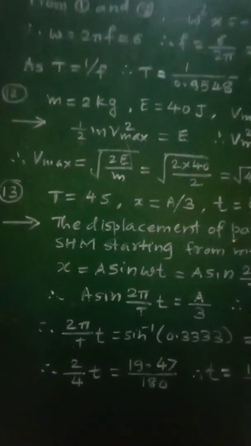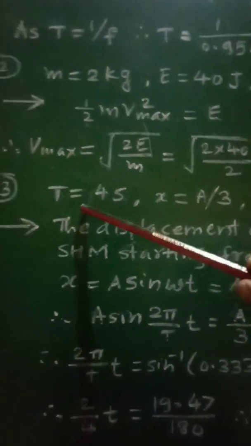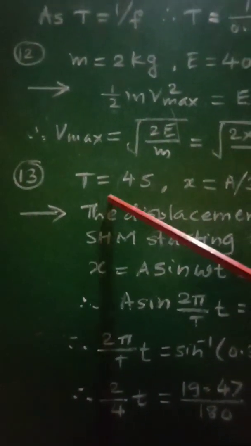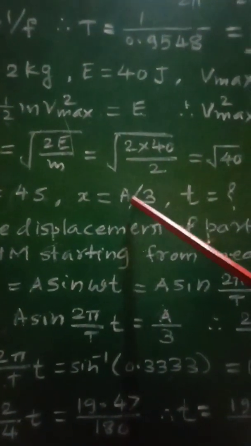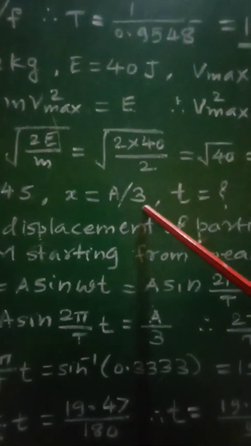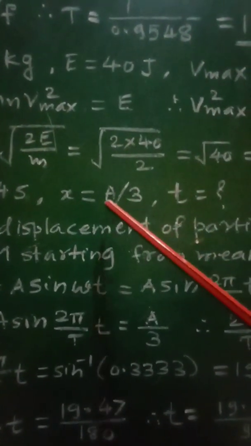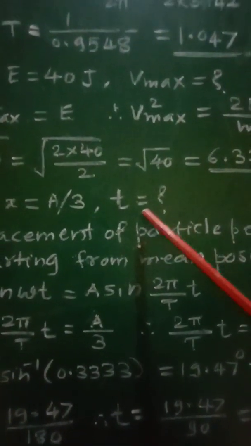For this numerical, period T is given as 4 seconds. Displacement x is equal to 1/3 of its amplitude, that is x equal to a upon 3, where a is the amplitude of SHM, and we have to find out the time interval t.